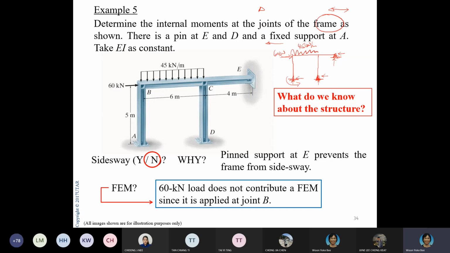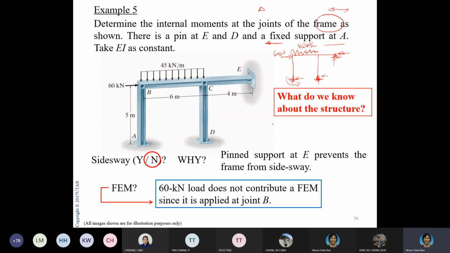But in this case, we say that the members are inextensible, so you cannot extend this way, so it's not going to move this way. And is it going to move this way? It can't, because I already have a restraint here. Okay, so from looking at this structure, I know that it is not going to sway.